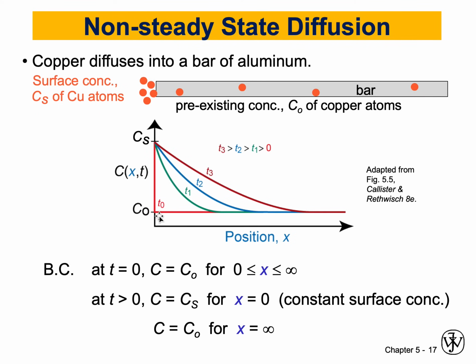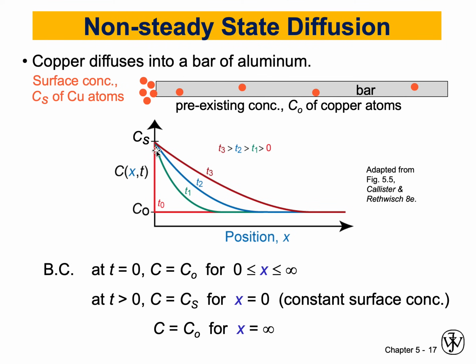So this is at time 0. I have C0 inside my bar from x equals 0 to x equals infinity, and I have CS at x equals 0. Now at time 1, let's say after a specific period of time, we will have this green line. You can see that my CS will stay constant because I am supplying copper on the surface.